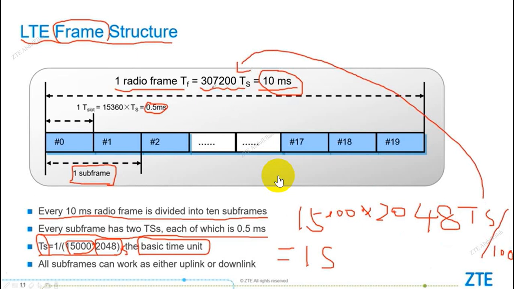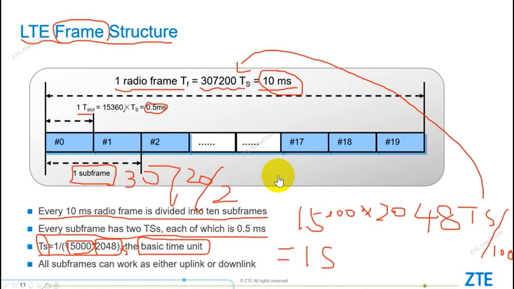If one frame is 307200 TS, what about one subframe? One subframe, of course, is 30720 TS. What about one time slot? One time slot is this value divided by 2, so the result is 15360 TS.